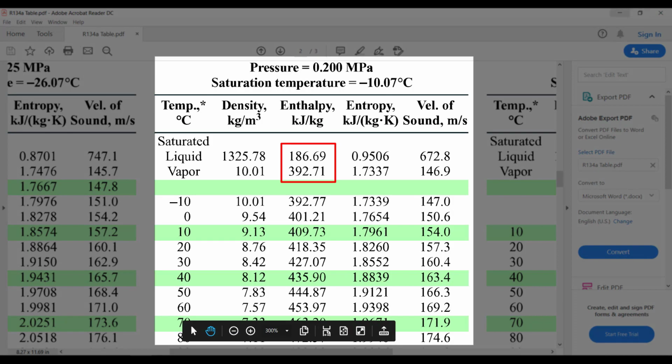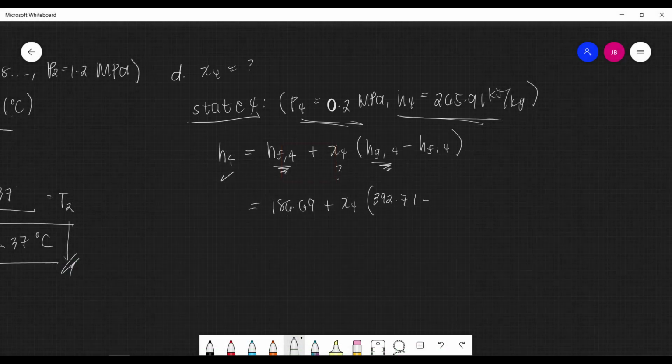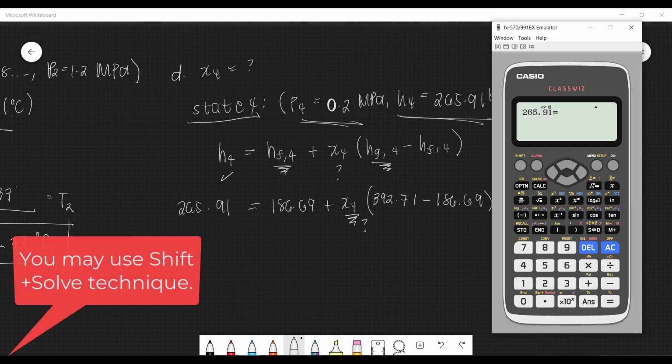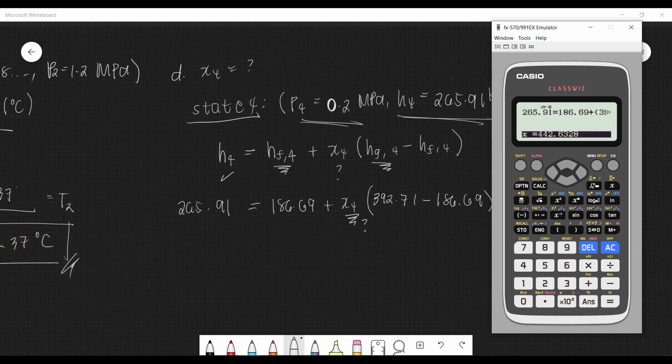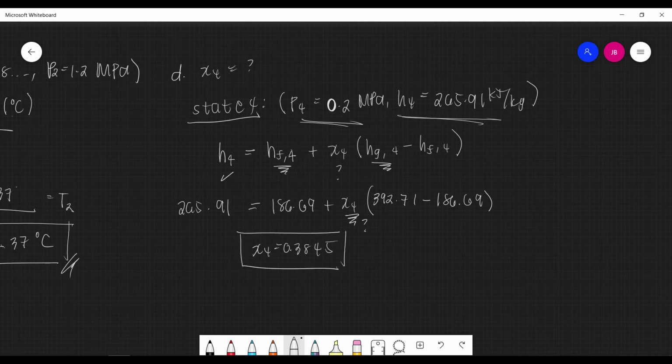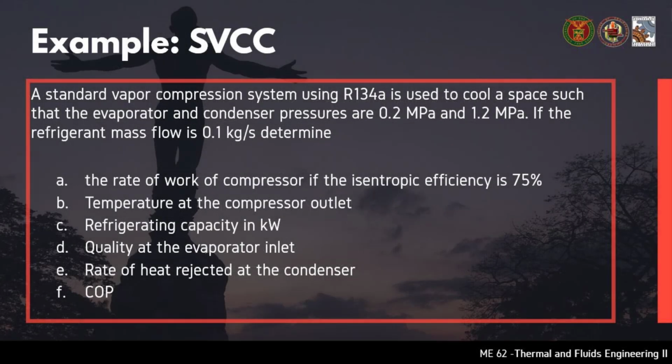Meron kang 392.71 minus 186.69. So, H4 is going to be 265.91, and we can just solve for this using our calculator. So mag-input tayo ng number between 0 and 1 because we know that the quality oscillates between those two. So we have X4 is equal to 0.3845. So this is the quality of the evaporator inlet.